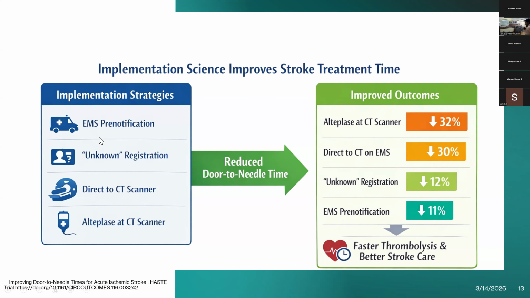And in this study, they found that certain things like EMS pre-notification, using the possibility of an unknown registration, shifting the patient directly to the CT scanner, and administration of the thrombolytic at the CT scan setup itself have been shown to decrease the door to needle time in patients with acute ischemic stroke presenting within the window period. So these are all some evidence of how implementation science can be implemented in routine practice.